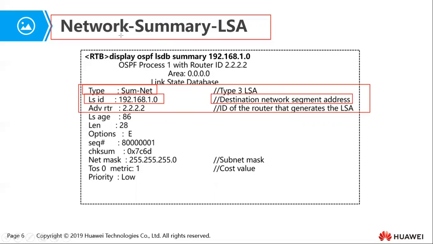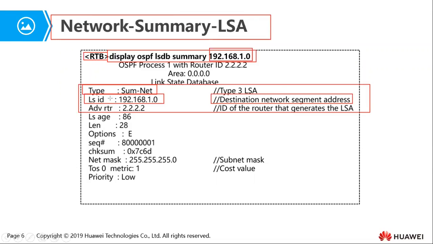For example, here we are in RTB. In RTB, we run display ospf lsdb summary, meaning we want to display the network summary for 192.168.1.0.